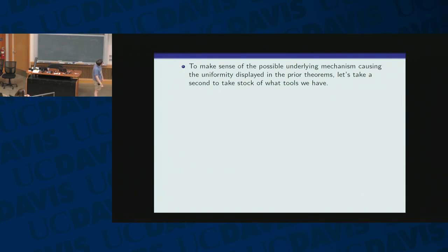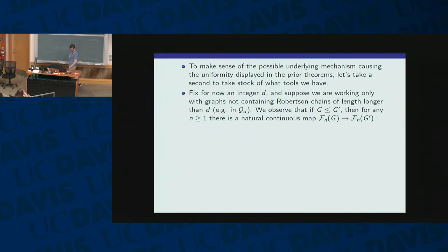Yeah. So let's just take a second to take stock of what we have. So fix for now an integer d. And suppose we are working only with graphs not containing Robertson chains of length longer than d, i.e. we're living inside of this GD.